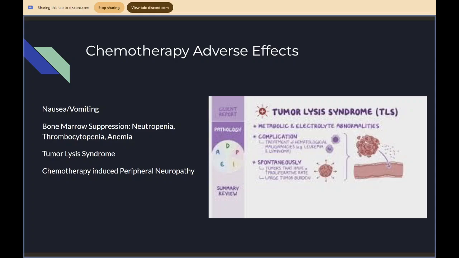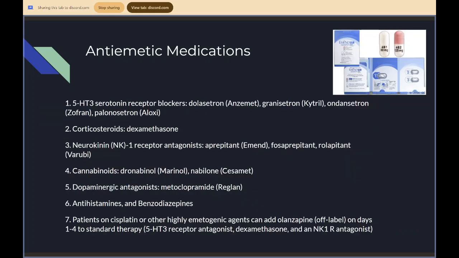In addition, tumor lysis syndrome, there's a graphic to the right. There will be metabolic and electrolyte abnormalities and chemotherapy-induced peripheral neuropathy. Now, all of these are very high yield for the Naplex, so make sure when you're doing your review that you take your time.